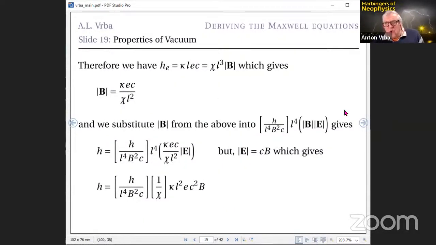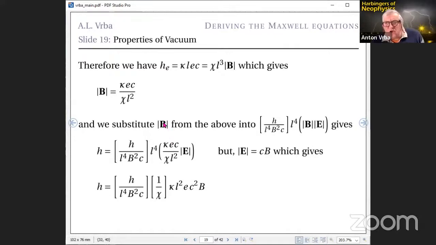Therefore, we now have the electromagnetic action H sub E equals kappa L E C equals chi L cubed B, which gives us B equals kappa E C over chi L squared, just by rearranging the terms.